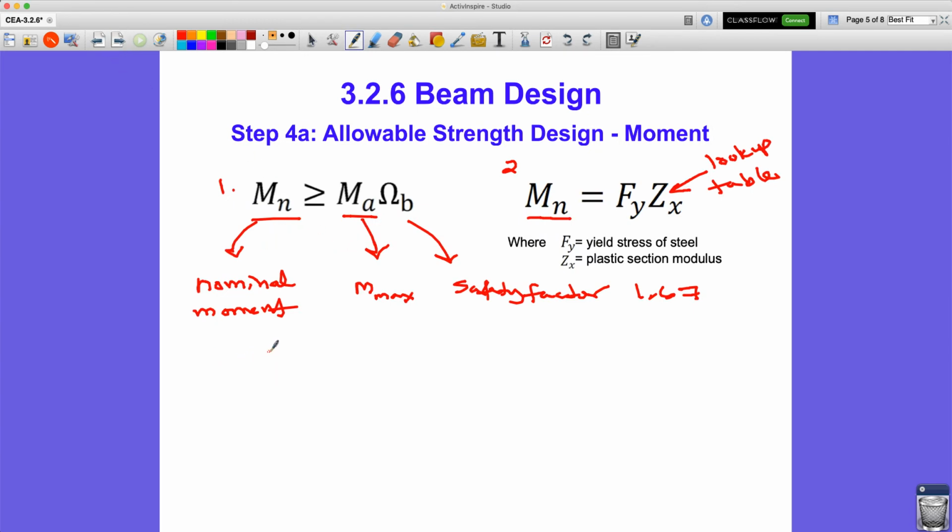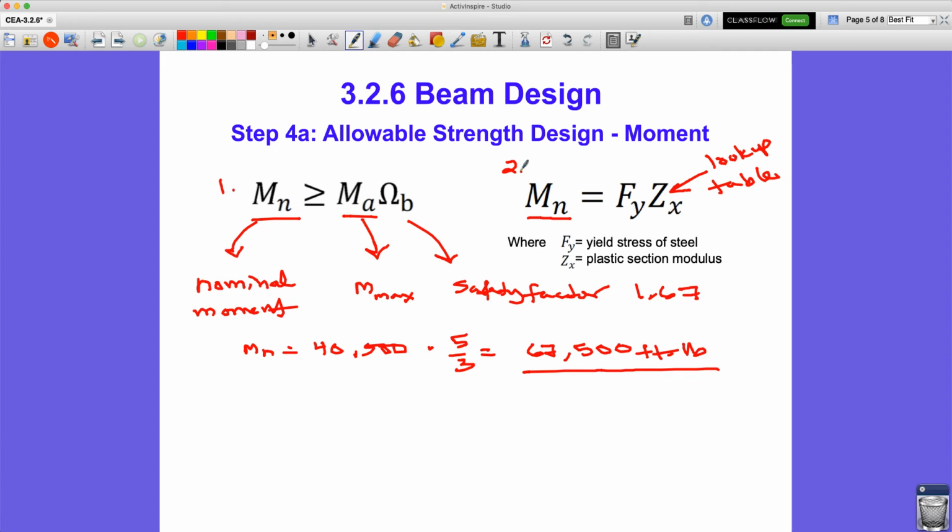So M sub n equals 40,500 times 1 2/3, 1.67. 1 2/3 is 5/3, and the reason I do that is because the 3 cancels nicely, and you're left with 67,500 foot-pounds. Okay, that's pretty straightforward. Nominal moment just includes a safety factor.